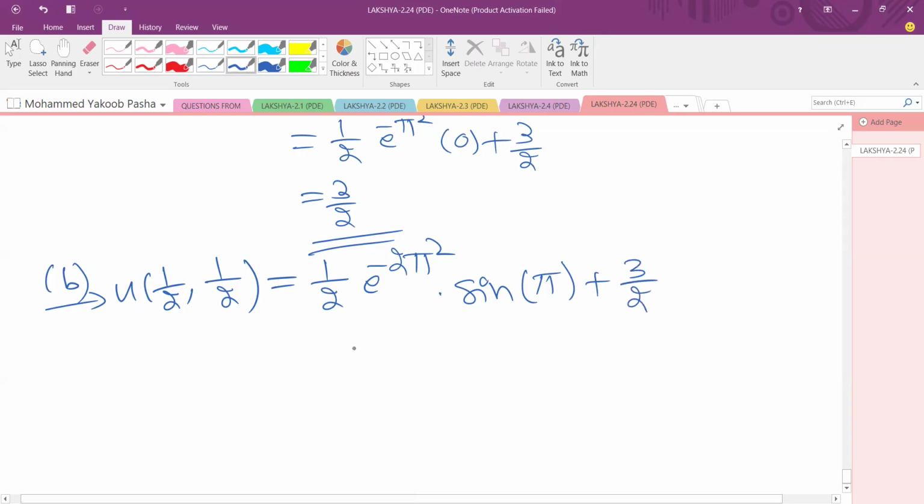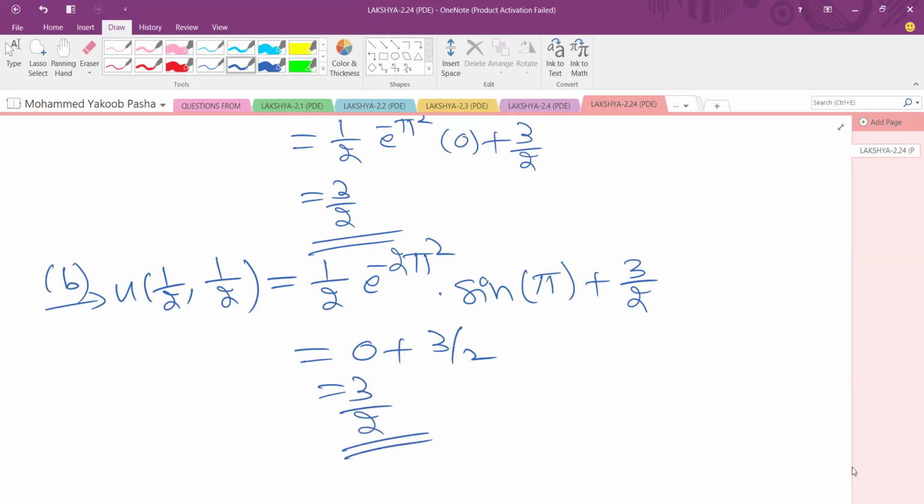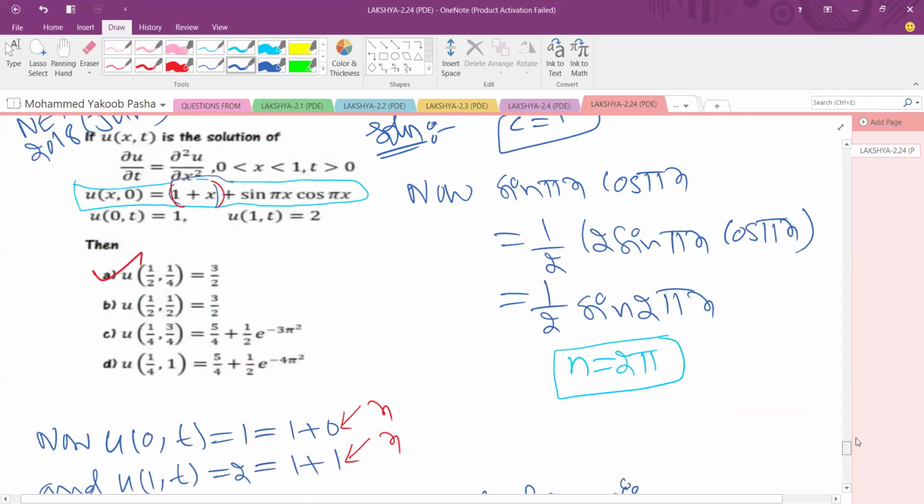So this value is 0, this is 3/2, so this is equal to 3/2. So option B also correct.